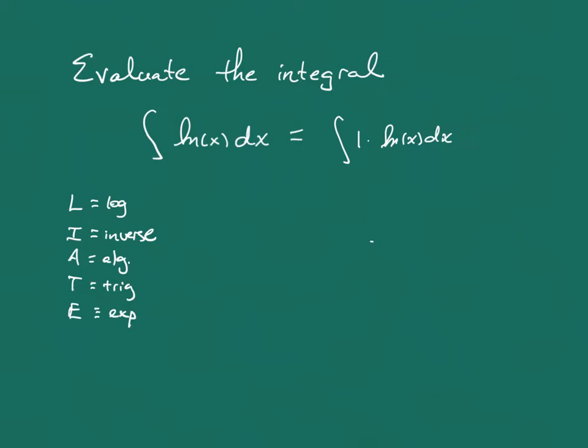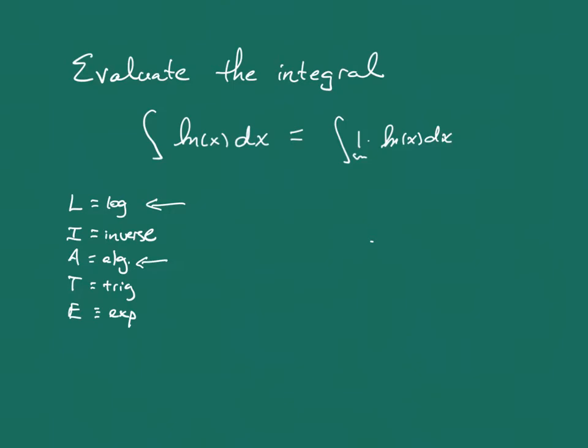And so in this case, what we've got is a log function in our natural log, but then we also have an algebraic function in 1, so just the constant 1. So it's a polynomial of degree 0. It's going to be an algebraic function.